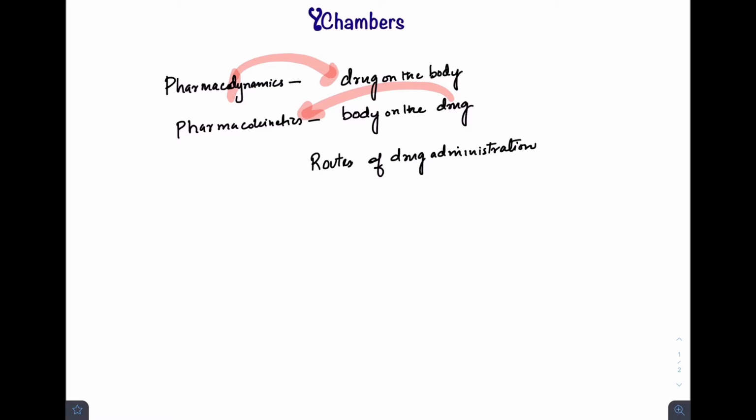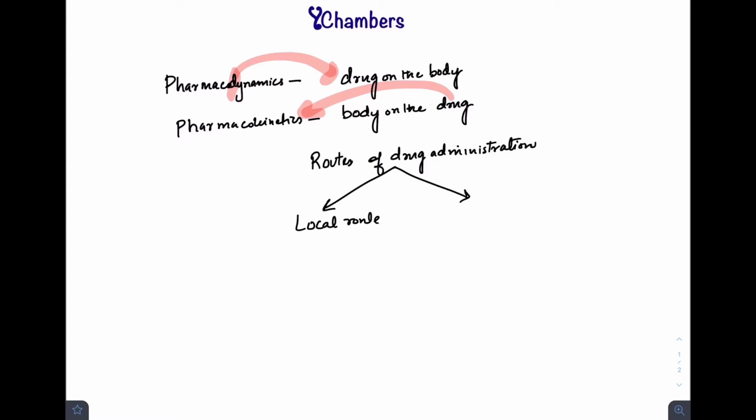Routes of drug administration can be divided broadly into two types. Either it can be a local route or it can be a systemic route. Local route, as the name itself suggests, means we are putting the drug at some local site.